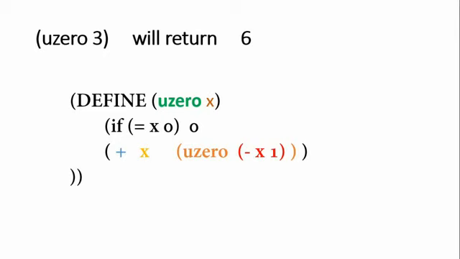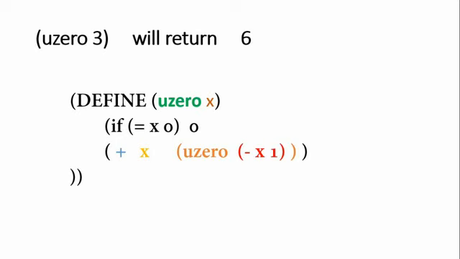First, I am checking with the if condition. In my if condition, I am giving the condition to check whether my x is equal to 0 or not. So within the bracket, I am giving the condition equal x 0. It's going to check whether x is equal to 0 or not.